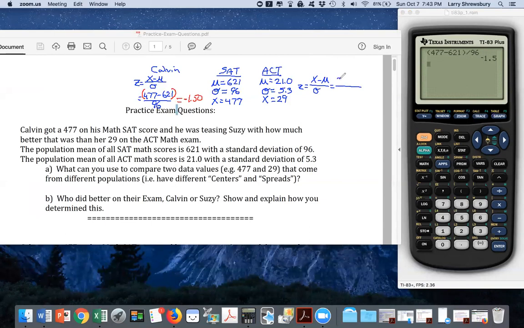Hers was a 29 minus the average of 21, divided by 5.3. Let's see how far above the mean she is. So we got 29, subtract 21. Notice I put the parentheses in there. She's a little over 1.5 standard deviations above, or 1.51 if we round off.